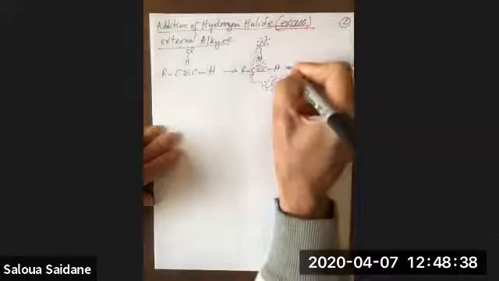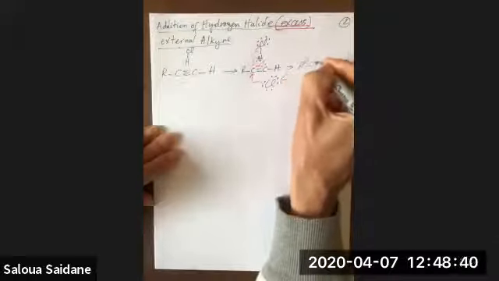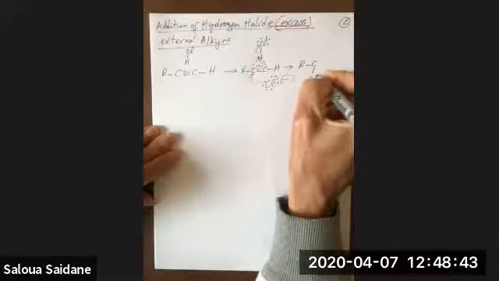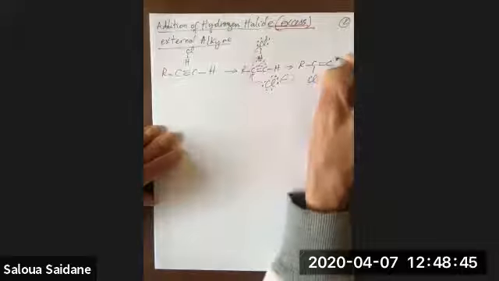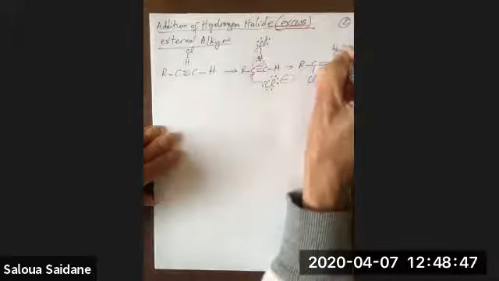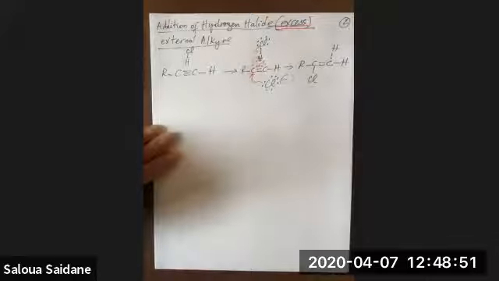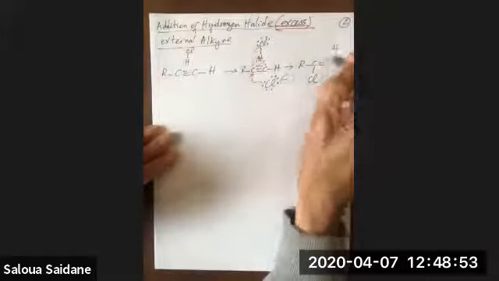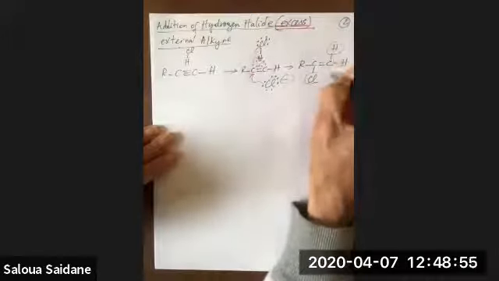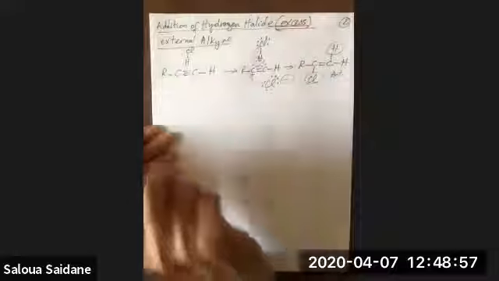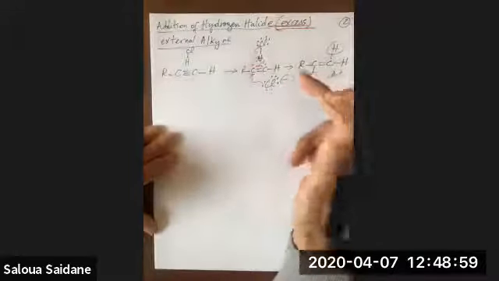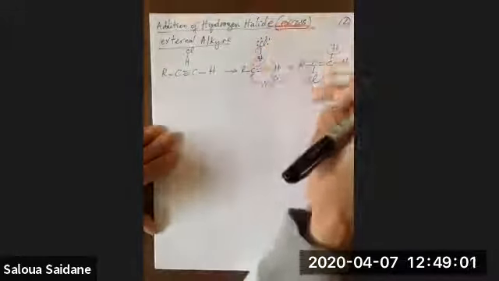So we end up with R, C, Cl, double bond C, H, H. So it's an anti-addition. See, these two are opposite, so it's anti. That's the first step.